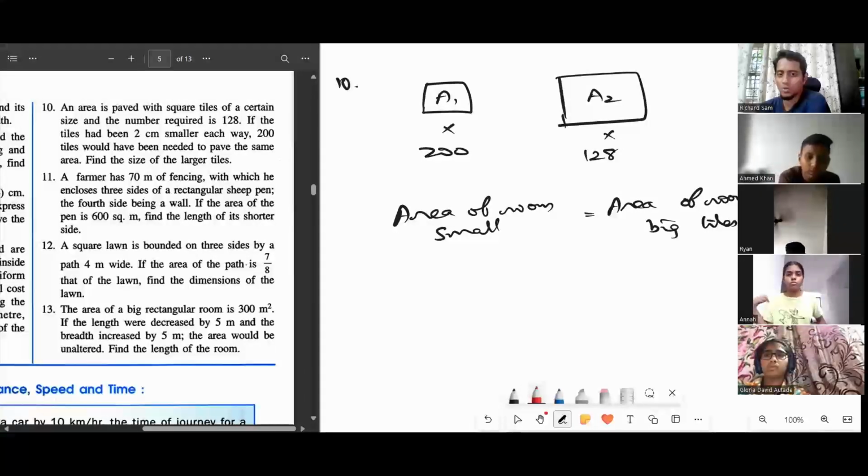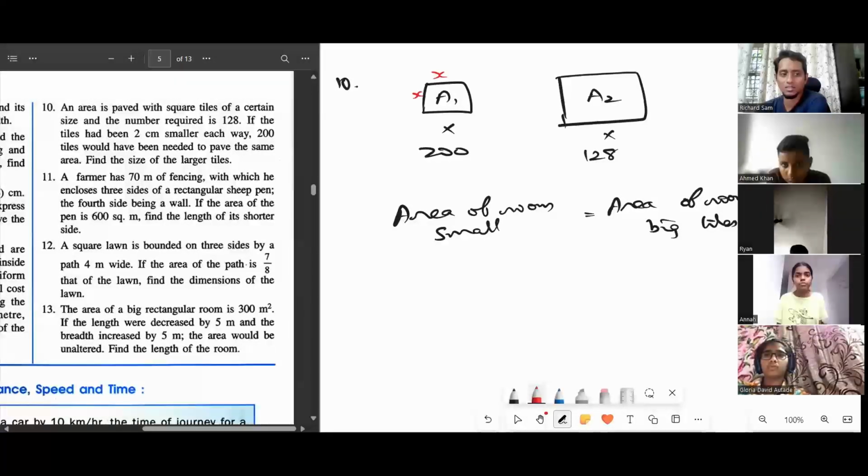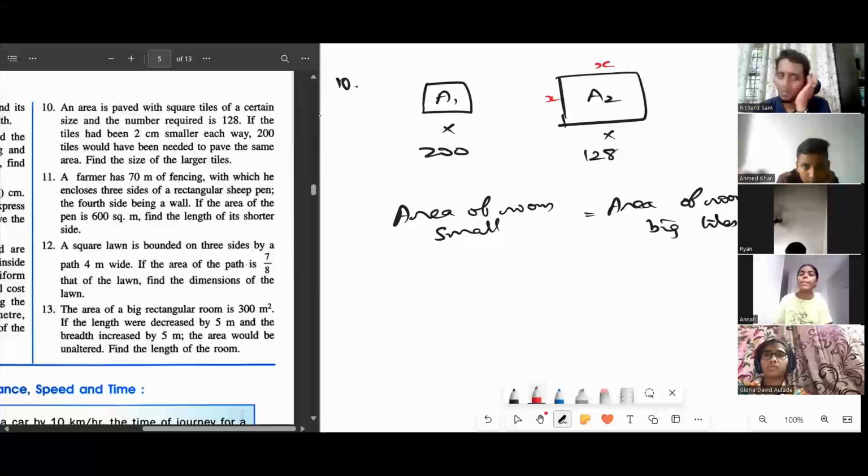This is a square tile, so we can take both sides as x. For the big tiles, we'll take it as x and the small tiles as what?